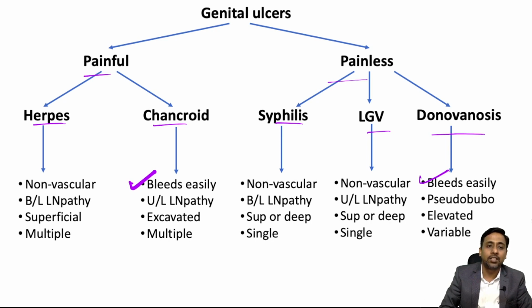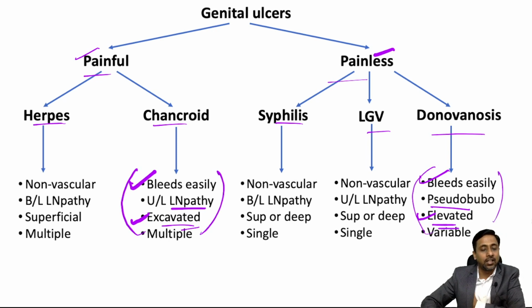First, obviously, chancroid is painful, this is painless. And second, chancroid is a punched out lesion, this is an elevated lesion. Okay, the major difference: it is a punched out lesion, this is an elevated lesion, and there is involvement of lymph node here, there is no involvement of lymph node here. So this is the difference between these two, which look similar but differ in certain other manners.